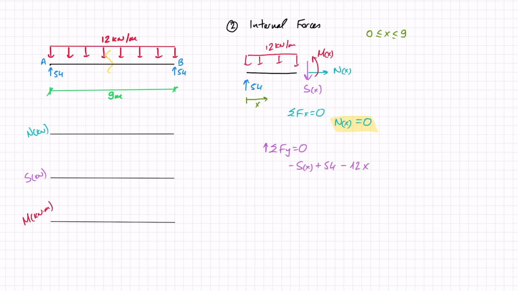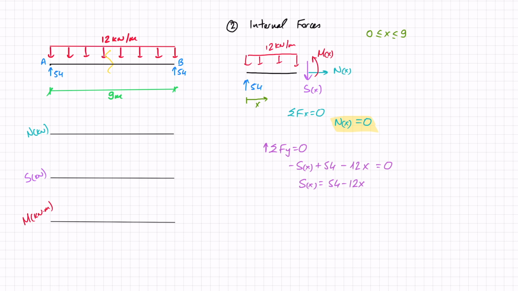It doesn't matter where along the beam I am. If I'm at 1 meter, that's 12 times 1. If I'm at 2 meters, it's 12 times 2, and so forth. It's always going to be 12 times the distance that I've passed. Okay, and equals 0. So that means that my S equals 54 minus 12x.